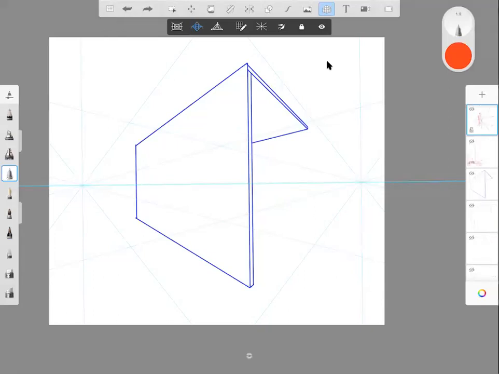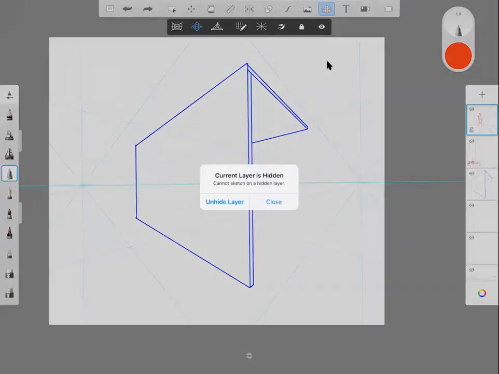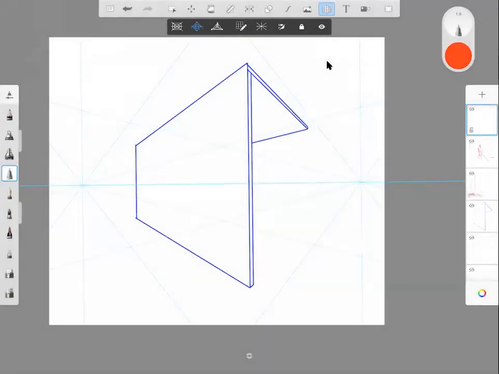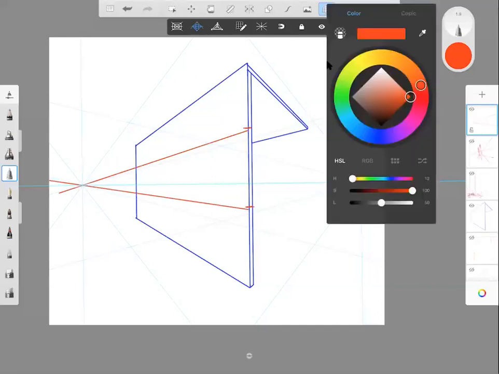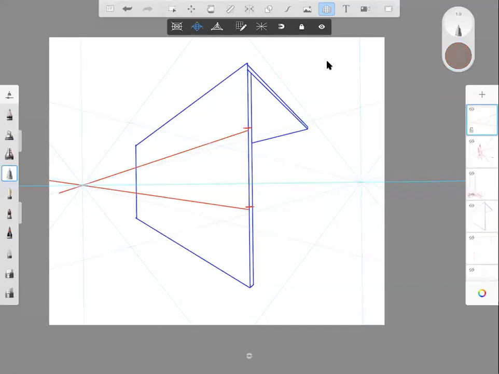This top little section needs to be a hair smaller because it's higher. And then, okay. And then let's see what happens if we go like this.